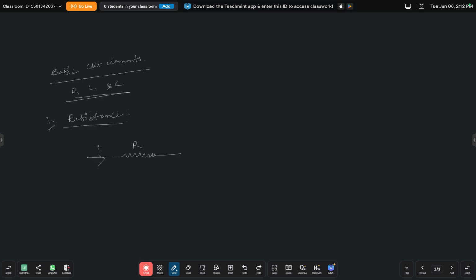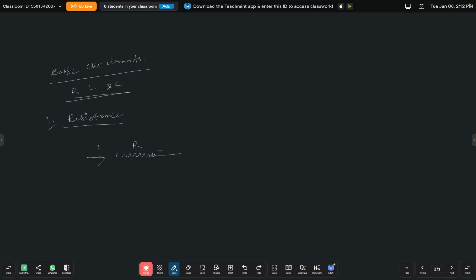Suppose the current flowing through the resistor is assumed as I. As per our assumed direction, see the direction of the arrow mark, the current is flowing in this direction. So the entering end is taken as positive and the other as negative. Resistance is the property of a material by which it opposes the flow of current through it.